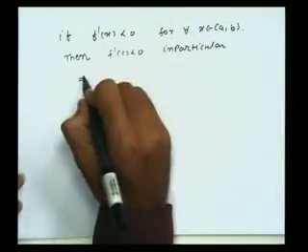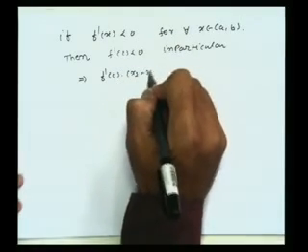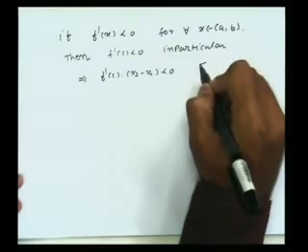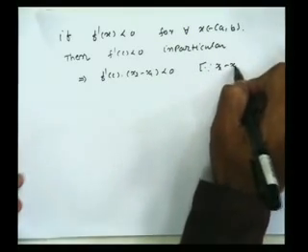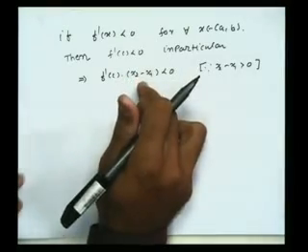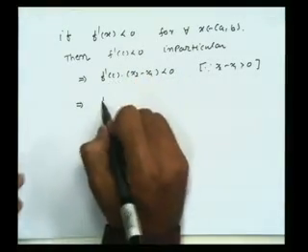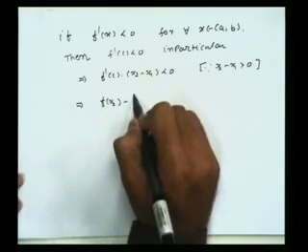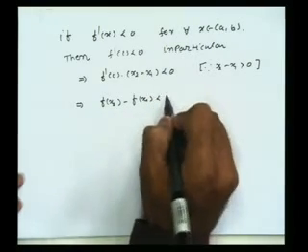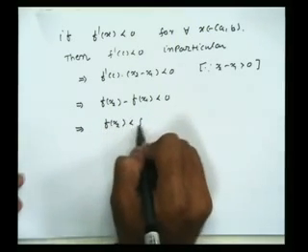This implies f dash of c into x2 minus x1 is less than 0, since x2 minus x1 is greater than 0. So less than 0 times greater than 0 is again less than 0. By the same reason, this is our f of x2 minus f of x1, which is less than 0, which implies that f of x2 is less than f of x1.